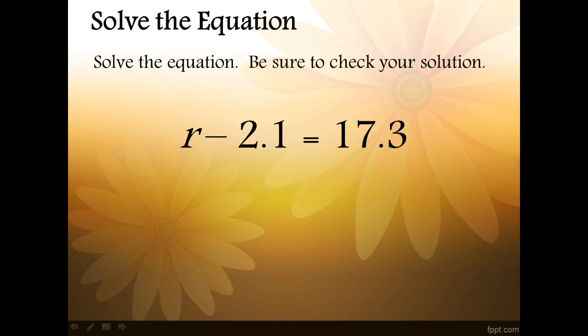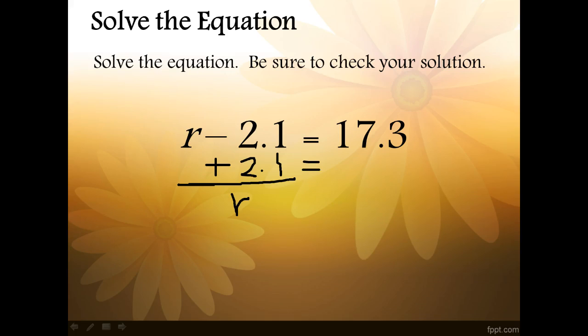Let's solve r minus 2 1/10 equals 17 3/10. First we locate the variable, and then we isolate the variable. To undo subtracting 2 1/10, we will add 2 1/10. Those two combined equal 0, leaving us with just r on this side of the equation.